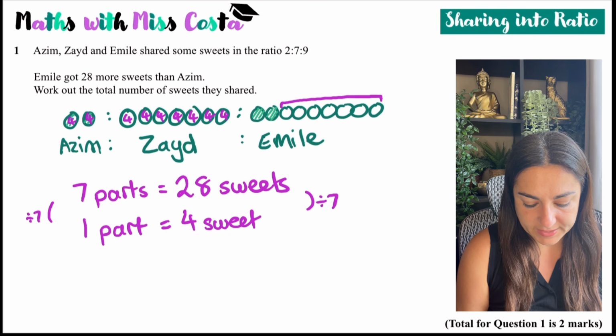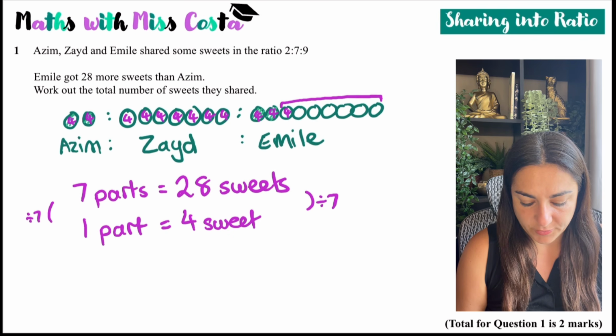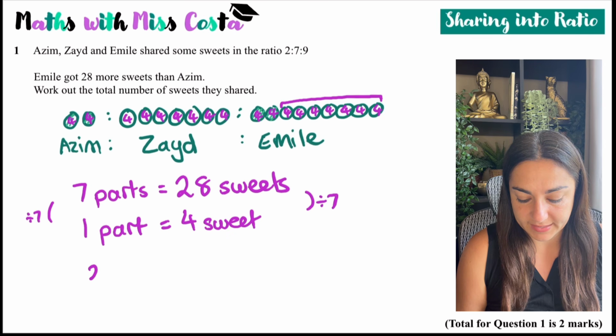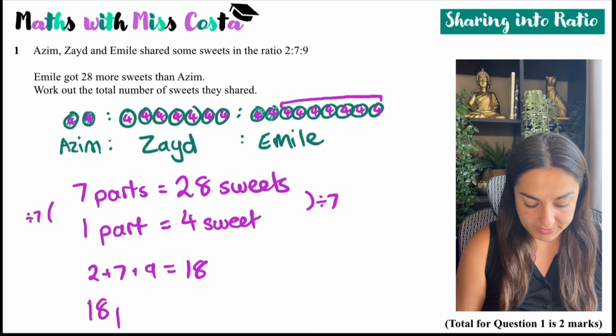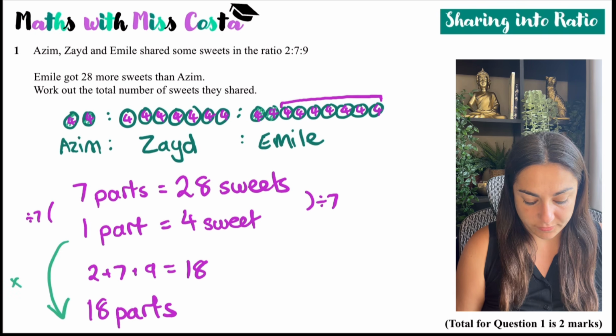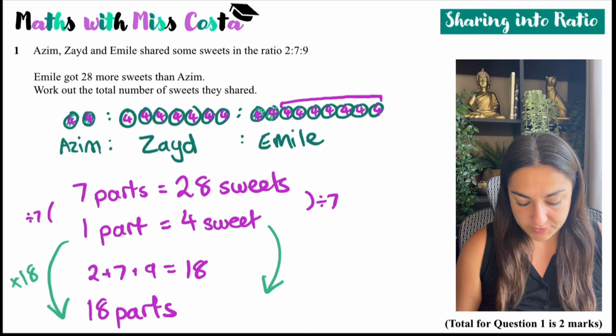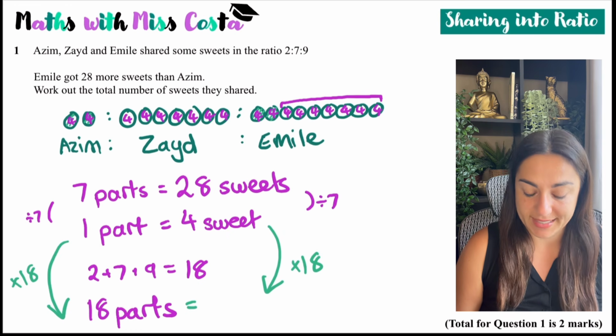Then I just need to figure out how many parts there are in total in the ratio. So I would do 2 plus 7 plus 9, which is 18. So I know I've got 18 parts, and if 1 part is equal to 4 sweets, I'm going to do 4 times 18 to figure out how many total sweets there would be.